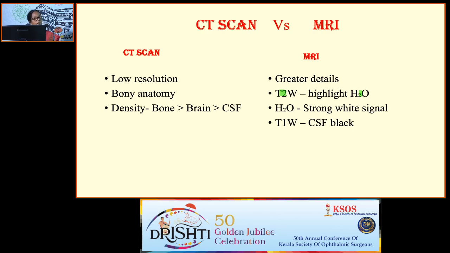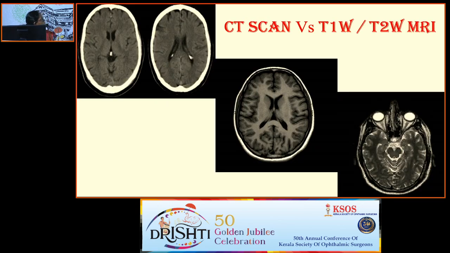So MRI showing water content in the CSF, that is white, is T2 weighted. In T1, CSF will be black in color. So first two pictures are CT and the last two pictures are MRI, and this is T2 weighted. You can see the vitreous is seen white in this.